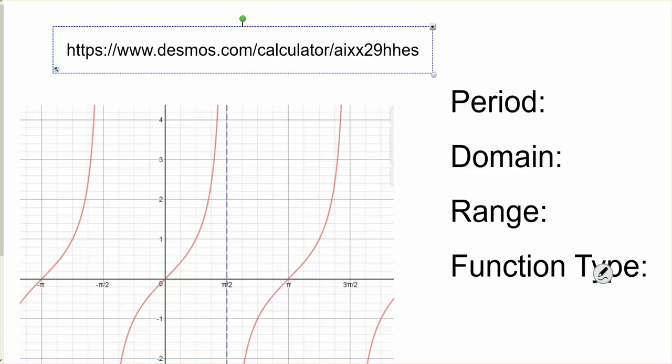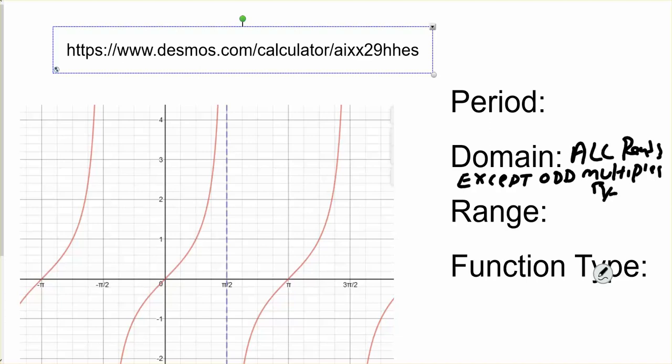So you can write all reals, but except odd multiples of pi over 2.